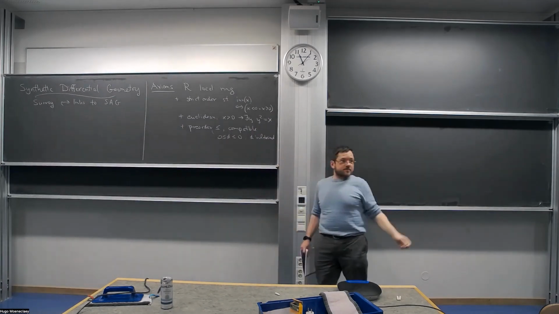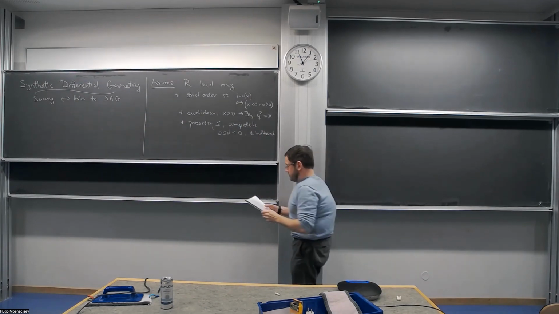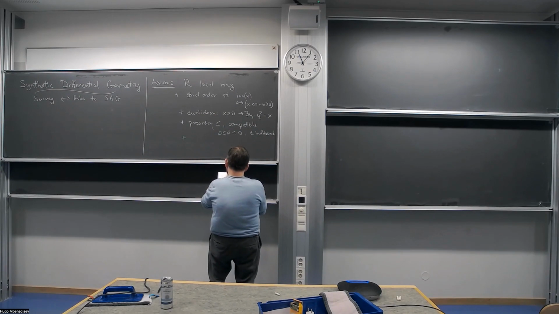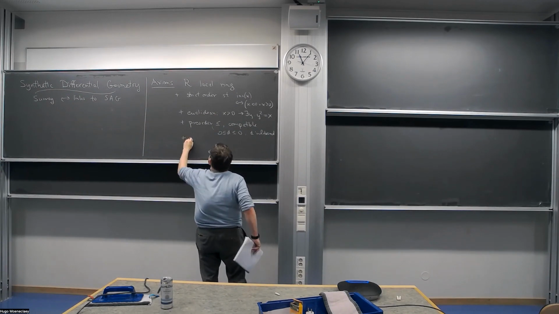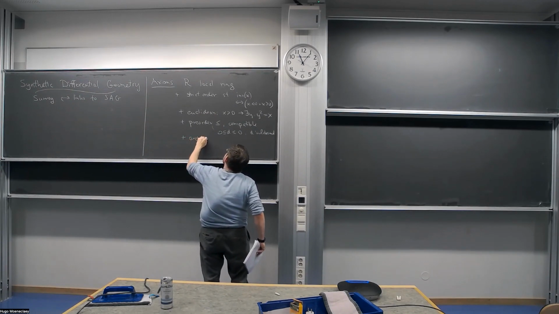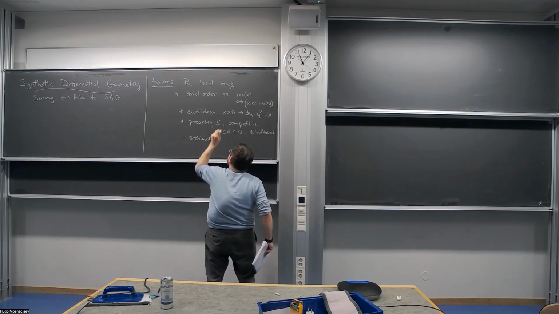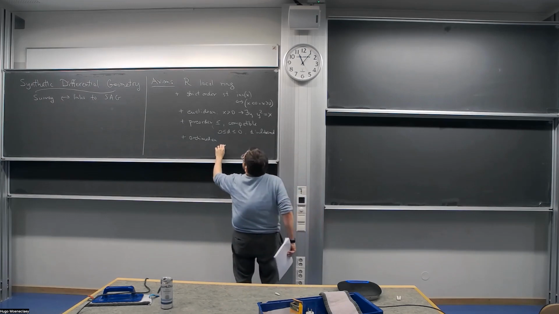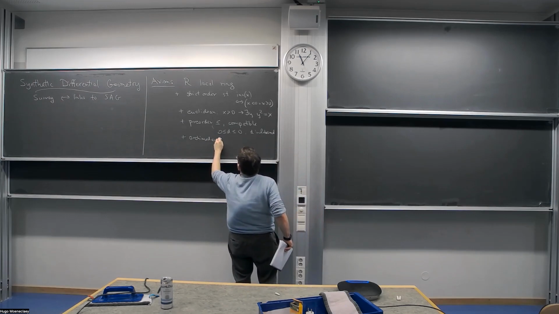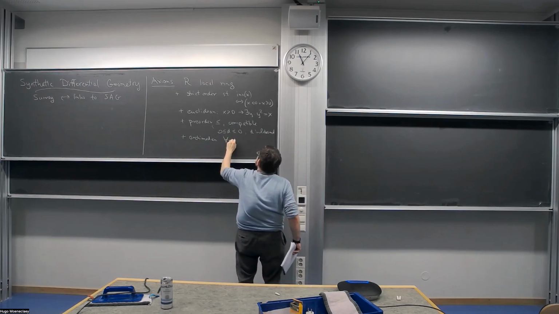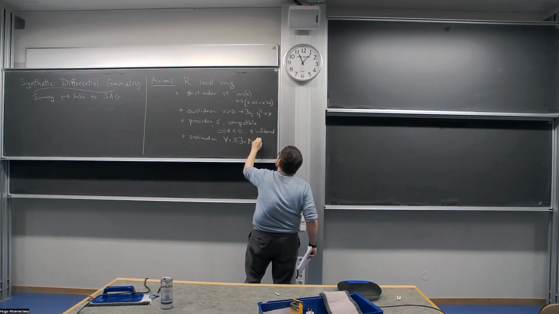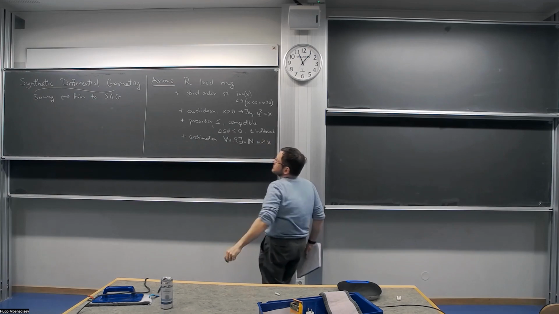It's not antisymmetric. Then you can add that it's Archimedean. There are some models where this would not be the case, but often it is. This says that for every x in R there is a natural number n greater than x.